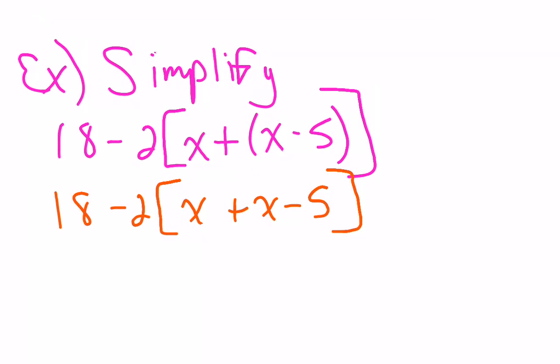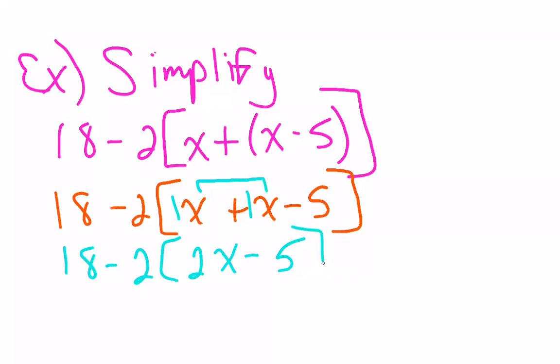All right, so now the 2 is on the outside of there, but we want to simplify anything we can. So x plus x can be simplified. So we have 18 minus 2, x plus x. Remember there's a 1 in front of each one, so that's 2x minus 5.